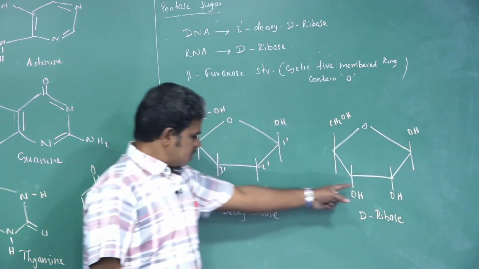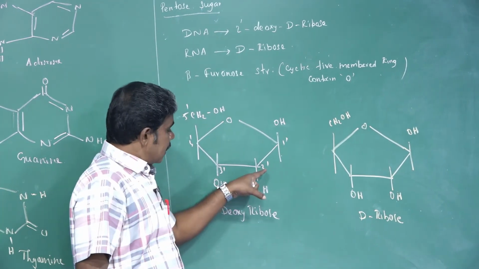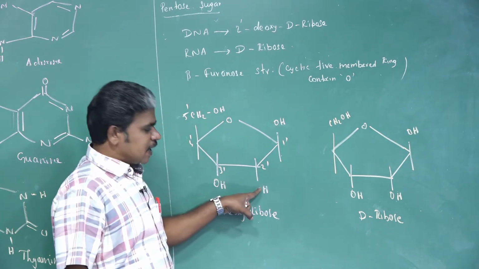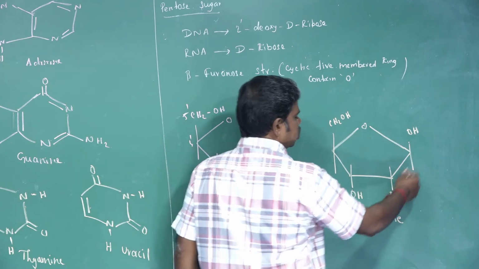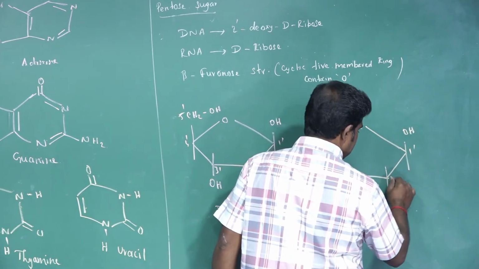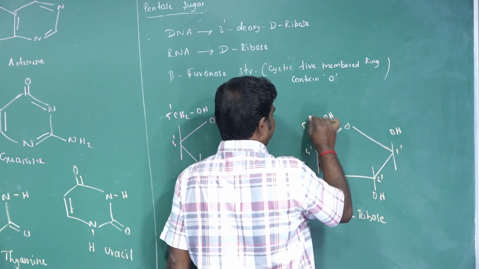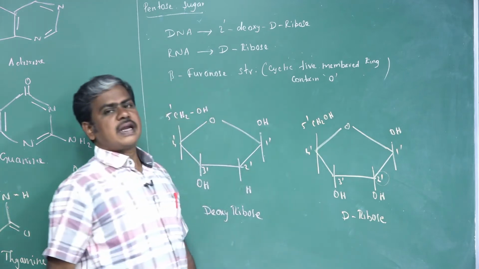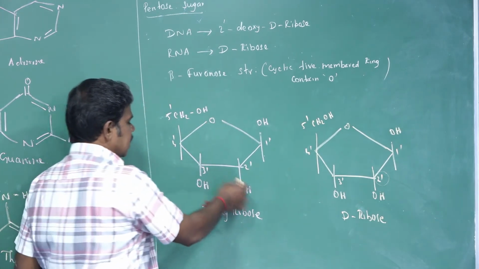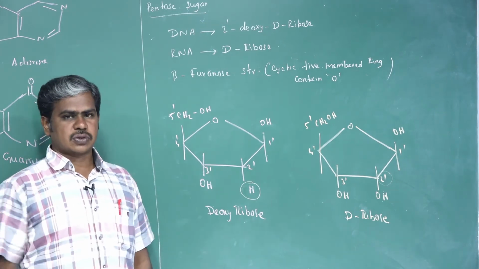And what is the difference between deoxyribose and ribose? Here at the 2' position there is only hydrogen, and at the 2' position in ribose there is an OH group. So here 1', 2', 3', 4', and 5'. If it has an OH group, then it is D-ribose, and if only hydrogen, then it is deoxyribose.